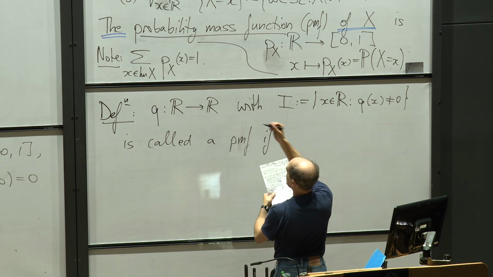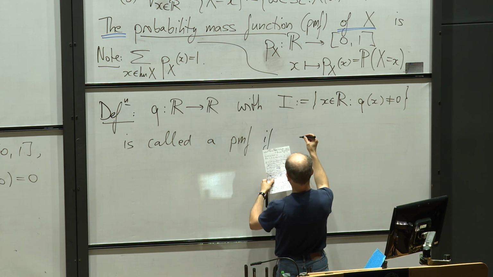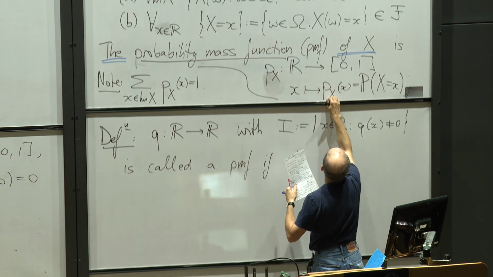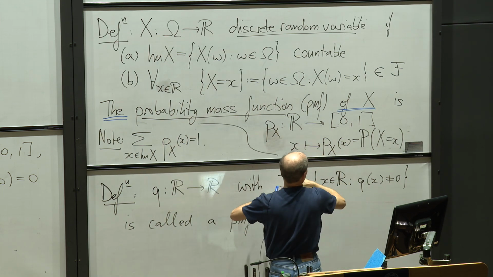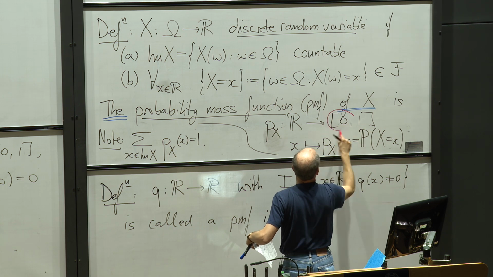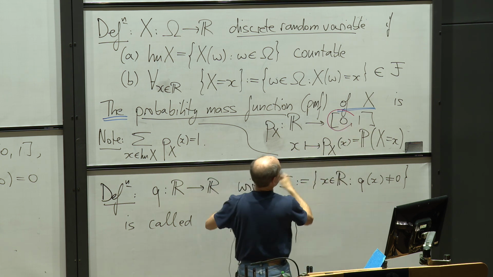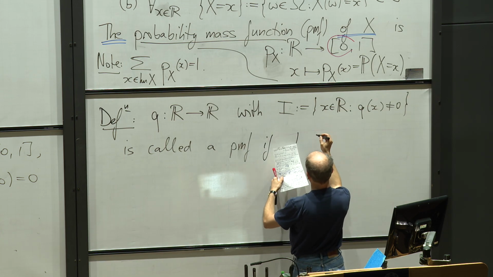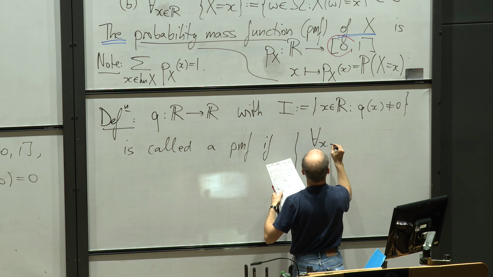If, well, the one condition that I've made very explicit is that the sum has to be equal to 1, but there is one other condition that I have not made so explicit, which is that here I put a codomain that says it has to be non-negative as well. So let's put that explicitly into the definition of what a probability mass function is.